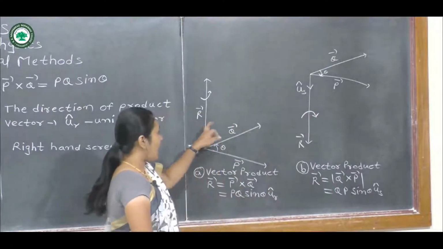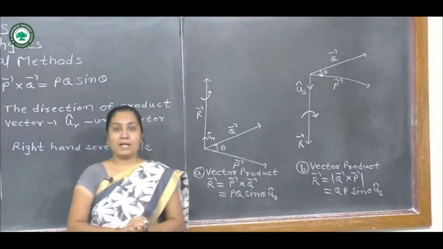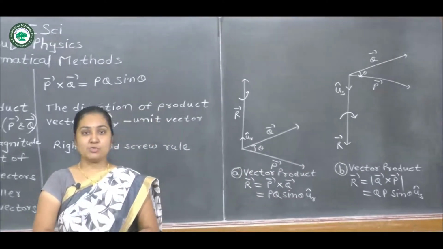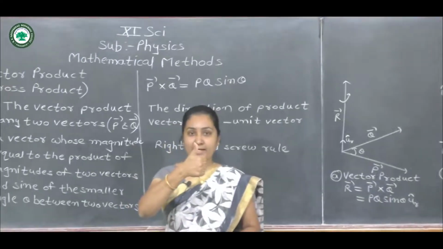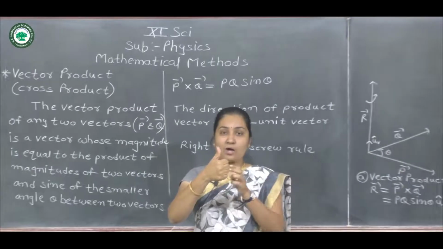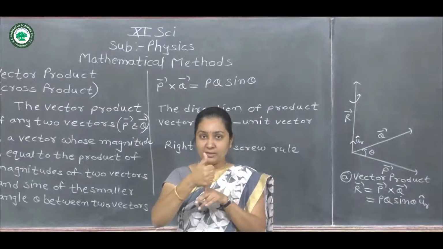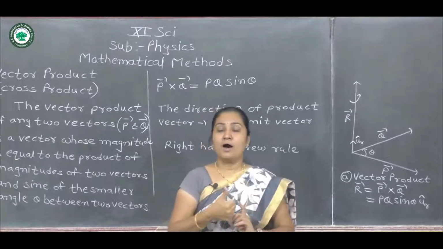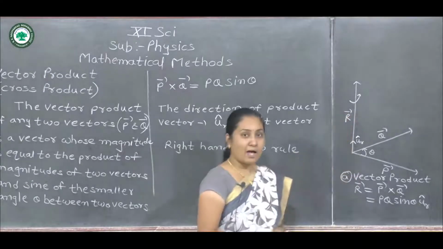These two directions of r bar are given by the right hand screw rule. Right hand screw rule means, suppose this is a right hand, and if the vectors are rotating in this direction, then the resultant vector is in the upward direction, that is r bar.